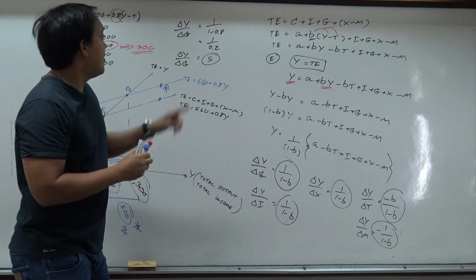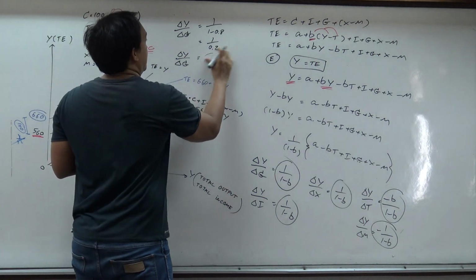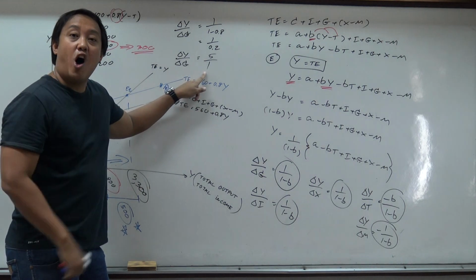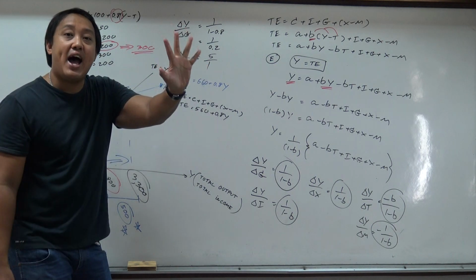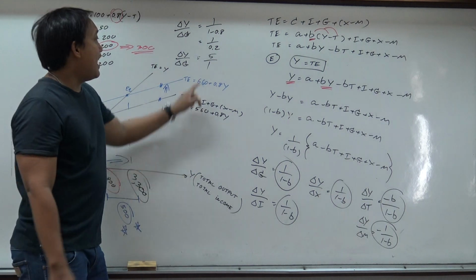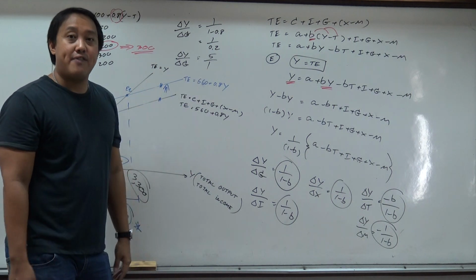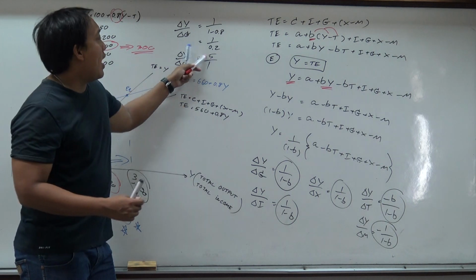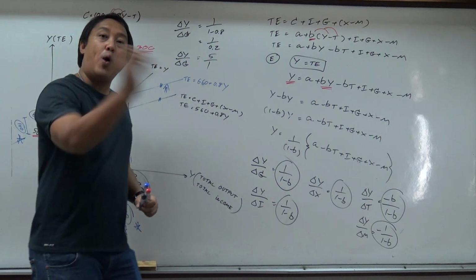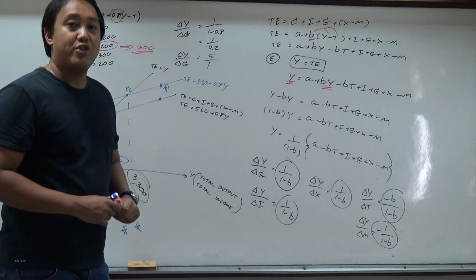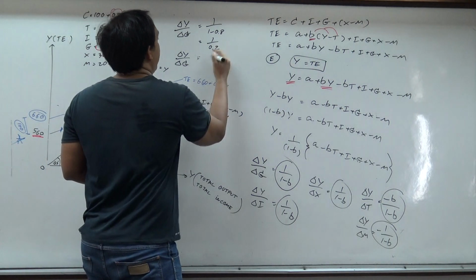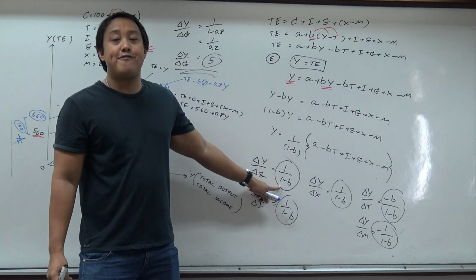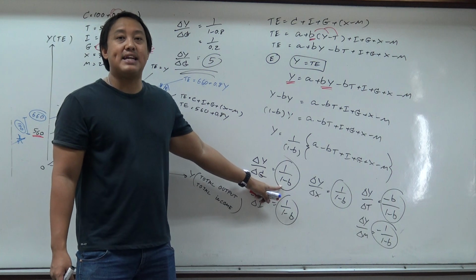What does 5 mean? It means that if the government spends $1 more, the GDP will increase 5 times, by $5. 5 is the multiplier effect. In this case, if the government spends 100 more, the GDP will increase by 500. So the number 5 comes directly from this formula, 1 over 1 minus B.